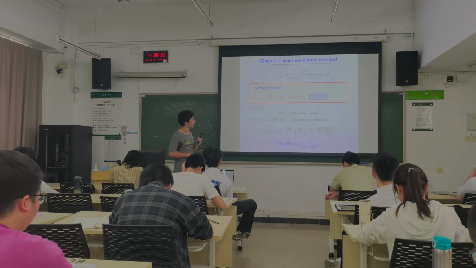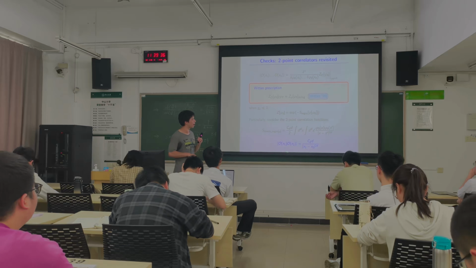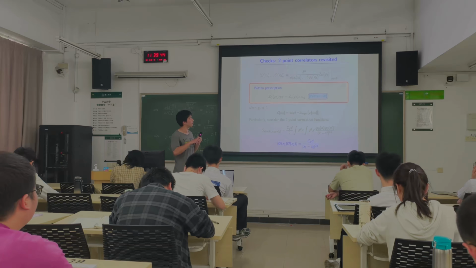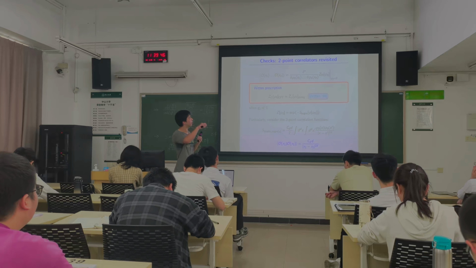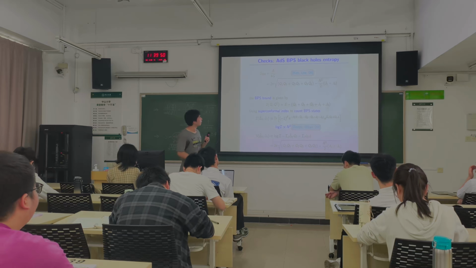And after some calculations, you get the same result. This is the result we obtain by adopting the supergravity action, and it has the same form as what we proved at the very start of my talk. Another check is black hole entropy.